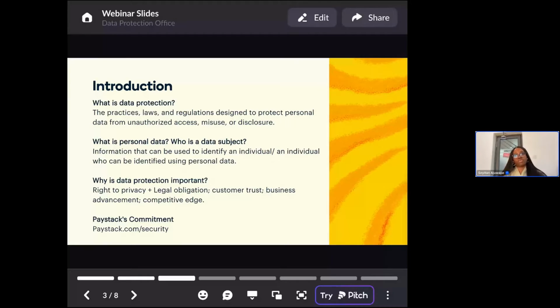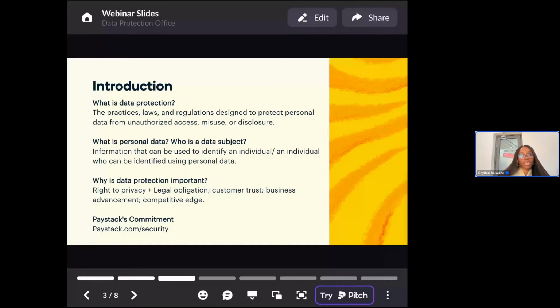Laws and regulations include laws that have been put in place by supervisory authorities in your country to guard data protection practices. That could include the NDPA for Nigeria, the Ghana Data Protection Act for Ghana, the Data Protection Act for Kenya, and also the GDPR, which I'm sure we've all heard about.